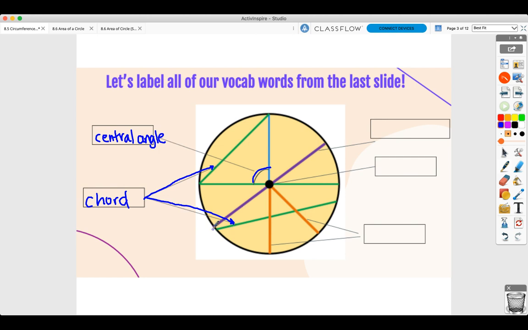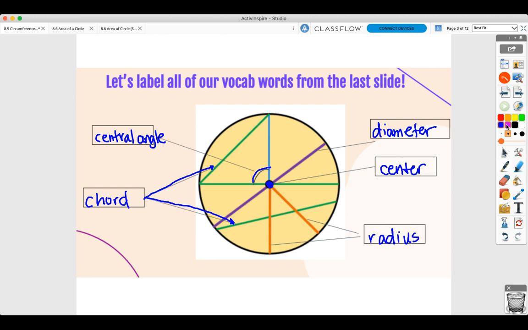The green one goes from one end through the center to the other end, so this is going to be your diameter. This is right in the middle. That's your center. And this one is pointing to the two orange ones, and that's your radius.